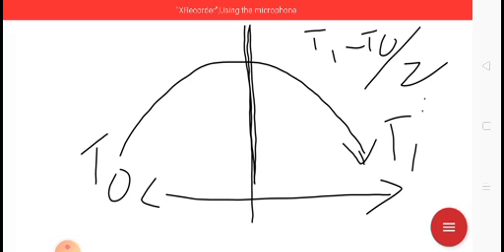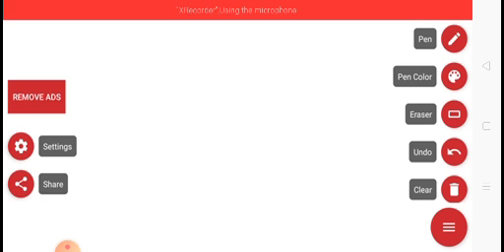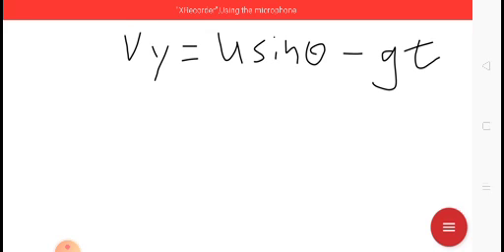So in order to apply this principle, we go back to the very basic equation that we have learned before. For the vertical component of velocity, we have vy equal to u sine theta minus gt. The gravity is facing down, so you move up first. So we follow the direction of movement, so you have a negative g. Let's say we are at the maximum point, meaning at the center point.